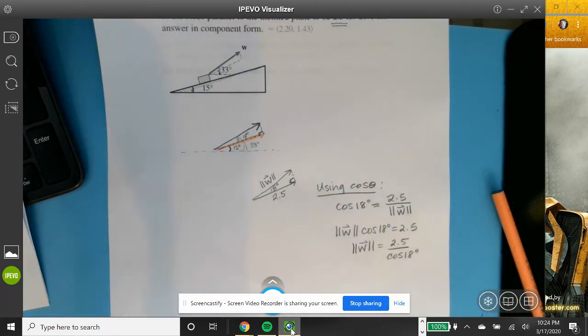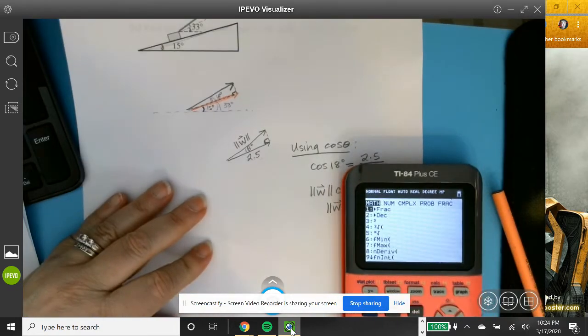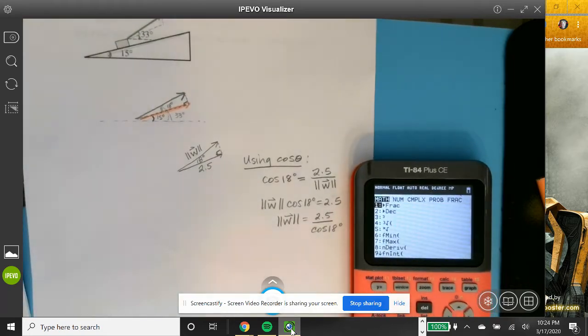And I need to get my handy dandy calculator. Sorry, I should have had it closer to me. And let's see, I am in degree mode, which is nice.